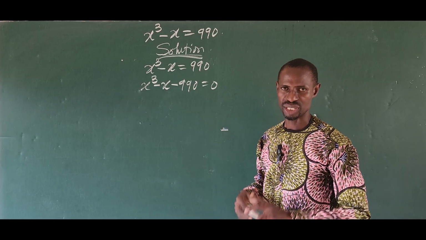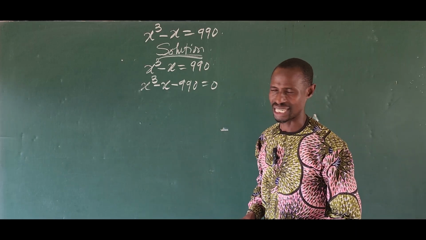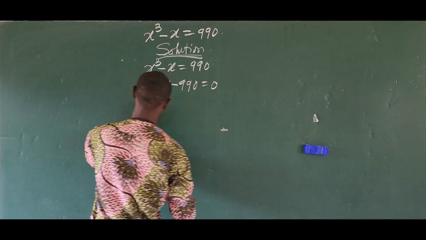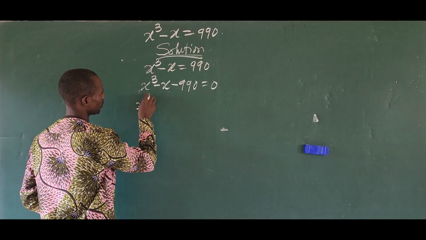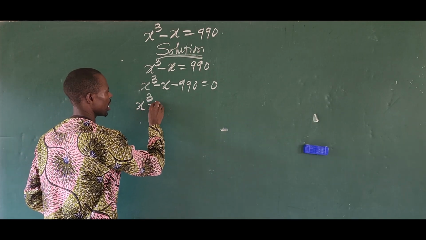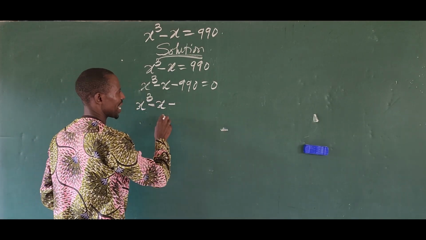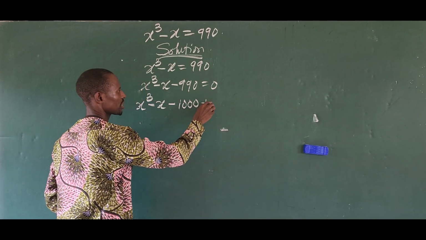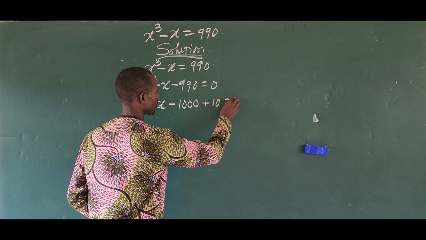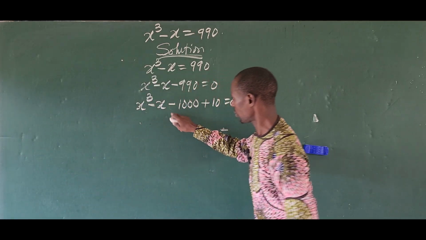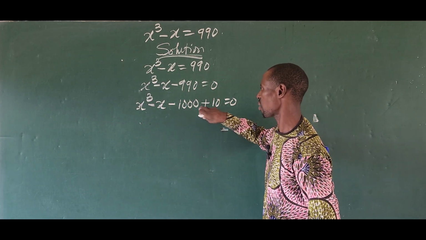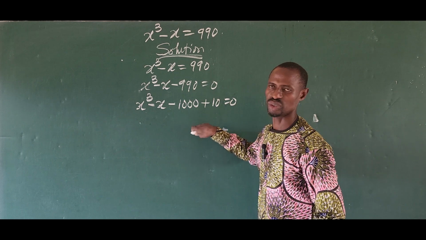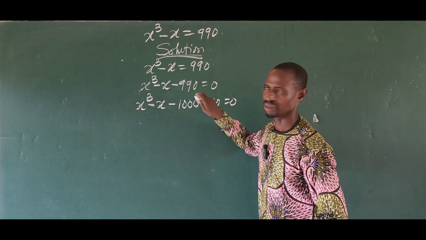I will tell you the reason why we have to do it in this manner. And so this is going to give us x to the power of 3 minus x, then minus 1000, then plus 10 equal to 0. So if you say minus 1000 plus 10, that will give us 990, right?